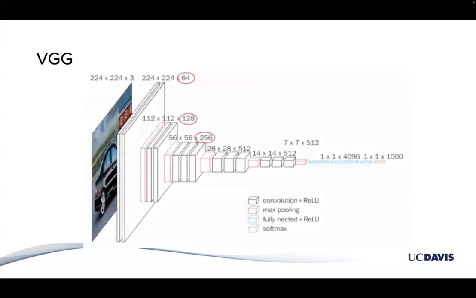So this is the architecture of VGGNet, based on CNNs. The first thing we can observe is that features of the input image are extracted in a hierarchical manner. First, they are taken as 224 by 224 by 64.